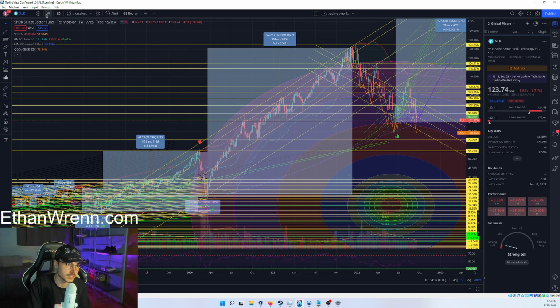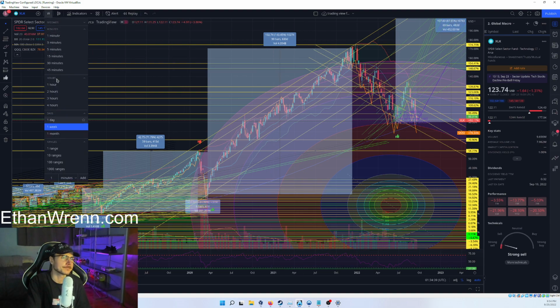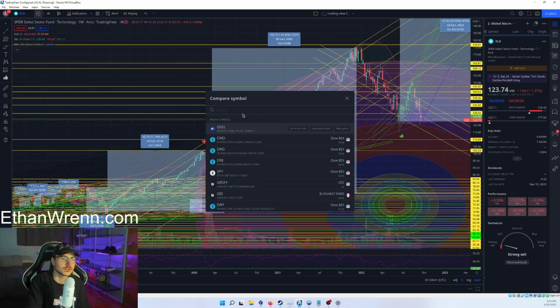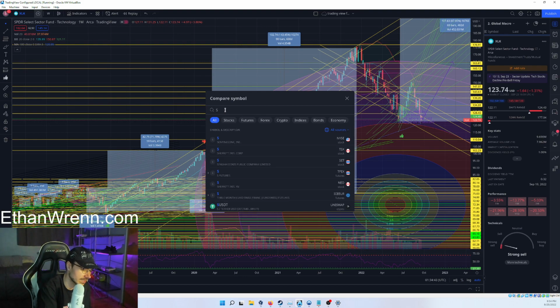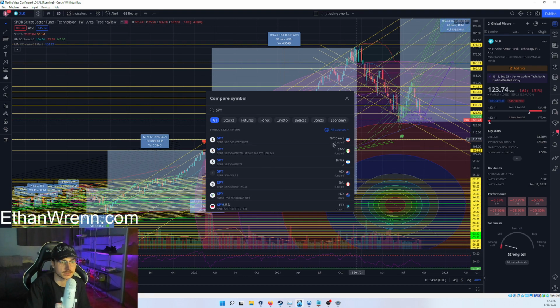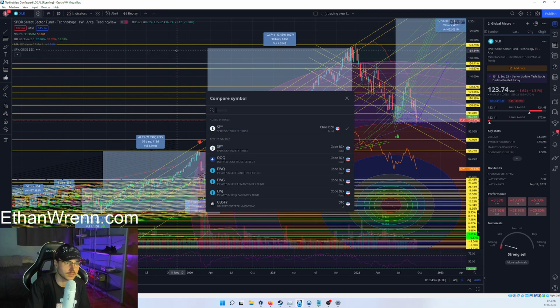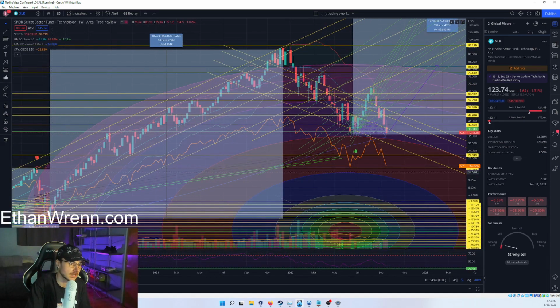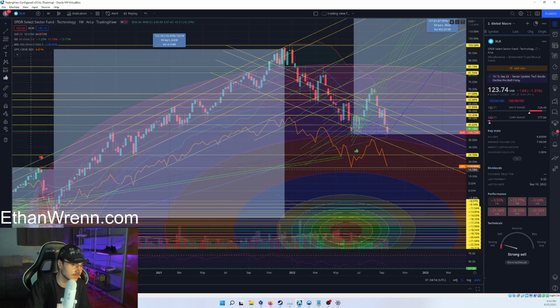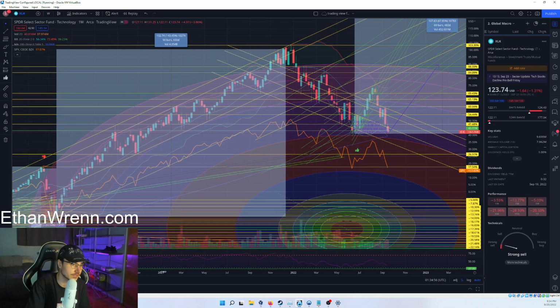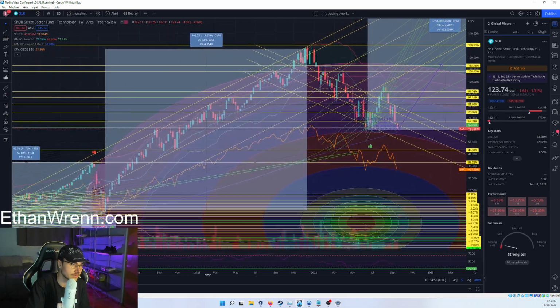Let's look at another example, right? We're going to have to get rid of QQQ, but that orange line will now represent the S&P or the SPY. Now we're going to look at it over a similar time frame. I'm going to use this February 2020 time frame, kind of line them up there so we can get a good general idea of their growth.